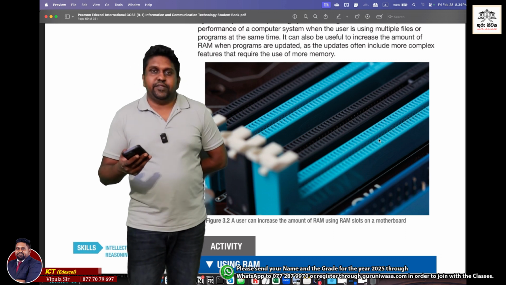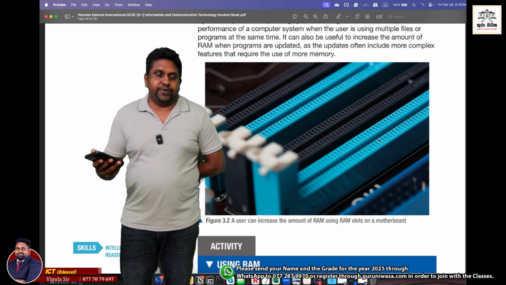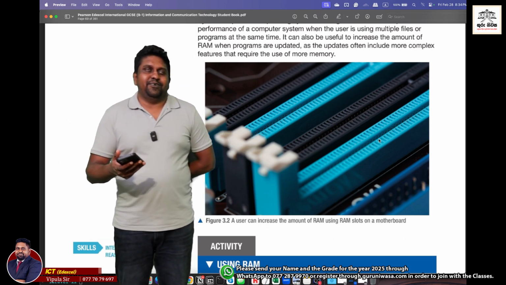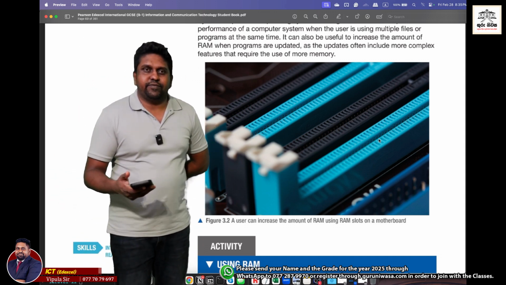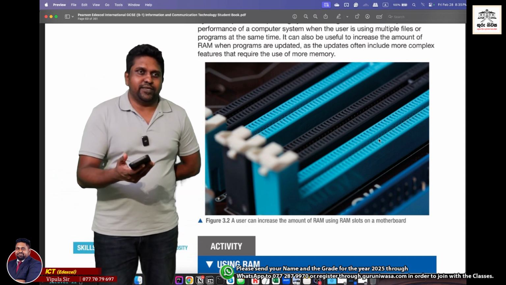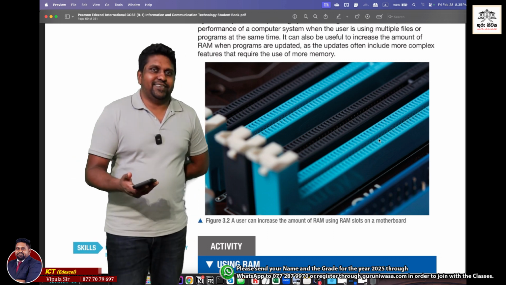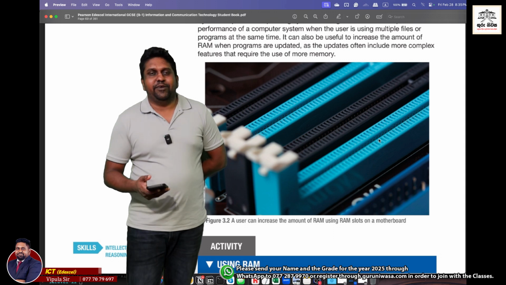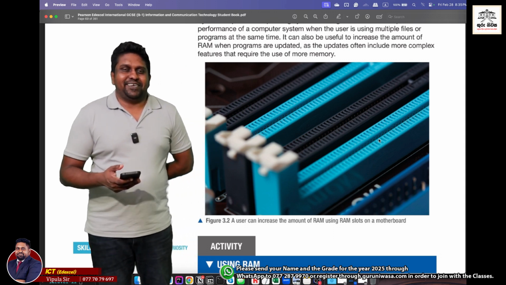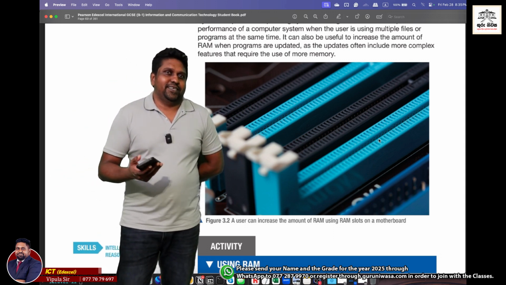So it depends on the operating system. If you take an operating system like Linux, it doesn't require that much RAM. You can actually run Linux on a machine with 512 megabytes of RAM, and it still works. But in Windows you cannot.